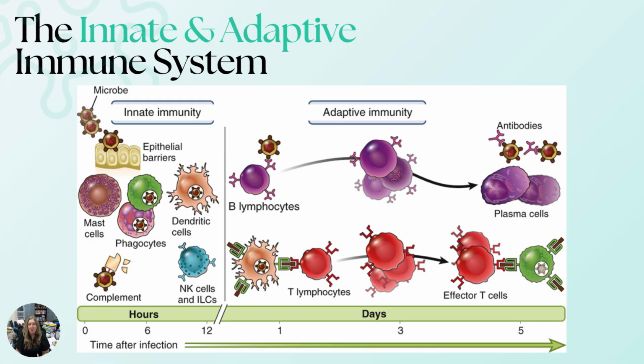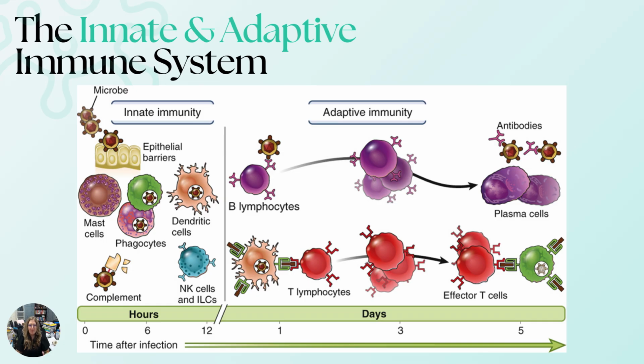So this picture is probably one of the most useful slides in this entire lecture, honestly. Looking at the timeline along the bottom, a pathogen enters the body, and the body doesn't wait several days to do something about it.